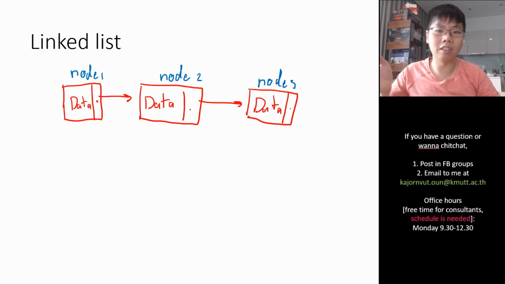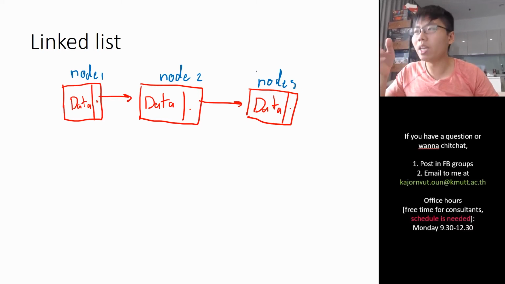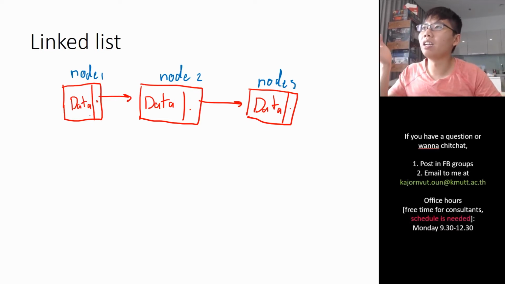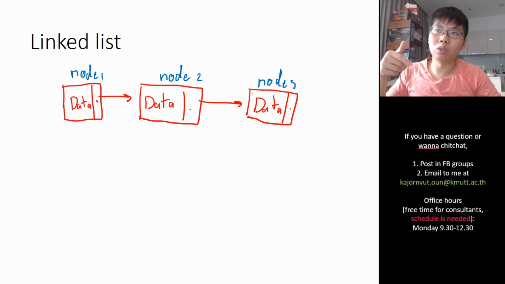This is a simple structure of it. You might say, okay, we just have to define one struct, and a part of it is going to be data, either integer, string, or a complex structure, and then I need to have one pointer in the end, and that pointer should point to the next node.